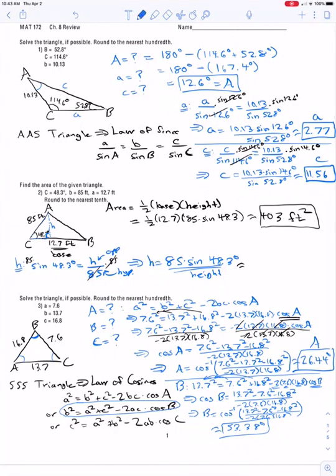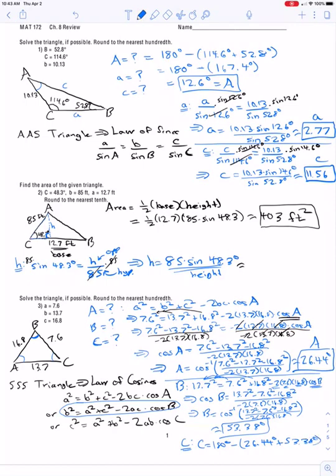So now let's go to our third and final angle. So now we're going to find angle C. Well, once we know A and B, we can find C. So we know C is equal to 180 degrees. We know all three add up to 180, minus the sum of the two we have, 26.44 plus 53.38 degrees.